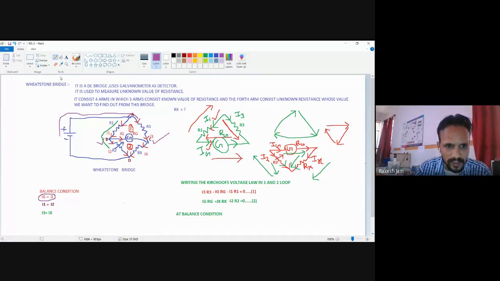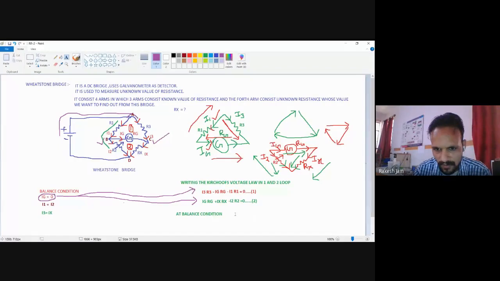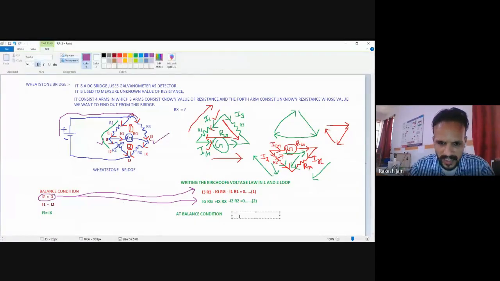So I just put this Ig value equal to 0 into equation number 1 and equation number 2. When I put this value in equation number 1, what will happen? I3 R3 minus 0 will happen, because Ig is equal to 0, minus I1 R1 equal to 0.